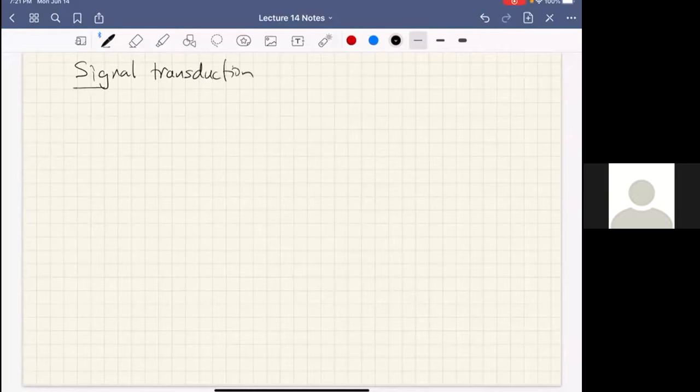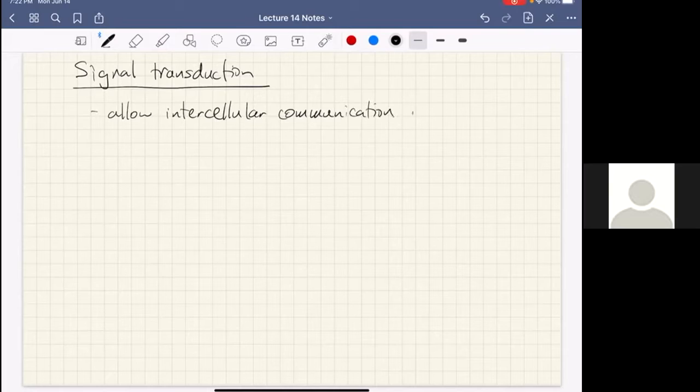To be more precise, what we're talking about here is a family of molecular communication systems. These are communication systems that allow intercellular communication, where the signal-bearing molecules are called ligands.